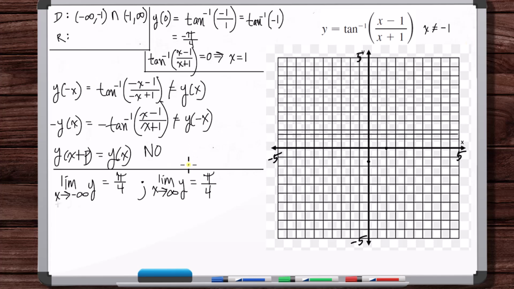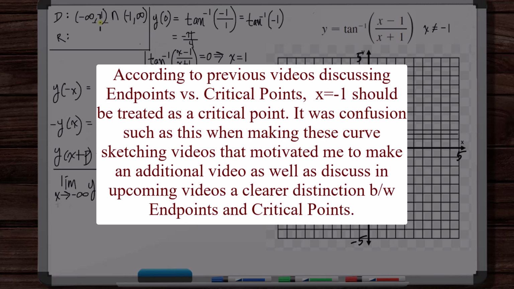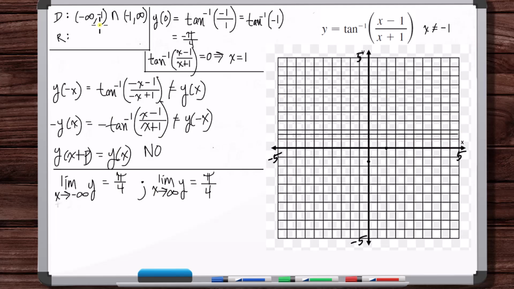Now another endpoint is the -1 here. We'll consider that an endpoint as well.